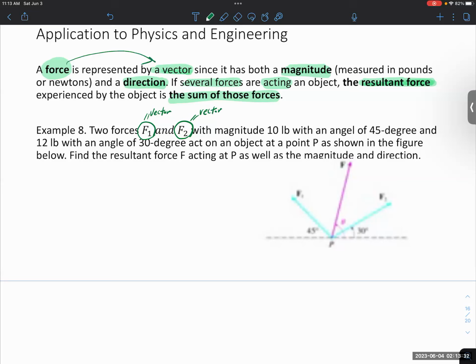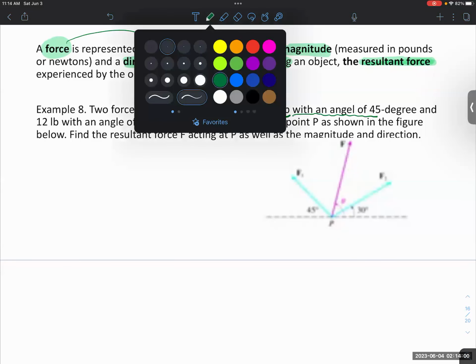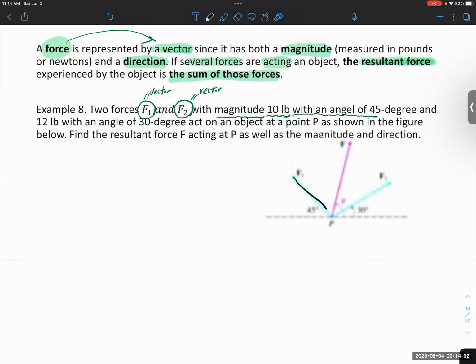In this image, you have forces F1 and F2. Force 1 has a 10-pound magnitude, that's its length, and it creates a 45 degree angle. And there's another force, magnitude 12, and the angle is 30 degrees. Let's take a look at this image. I'm going to create it. This is force 1.